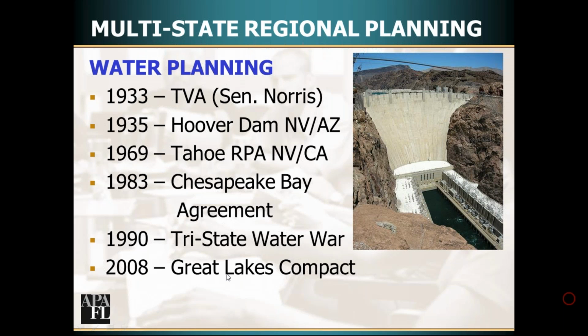Then there's another water-related one that's come up in the Great Lakes. There was a concern that more and more states wanted to take water from the Great Lakes for water supply, and the states that border the Great Lakes, as well as Canadian provinces, got concerned. So there's an international compact between several Canadian provinces and the states that have the Great Lakes.